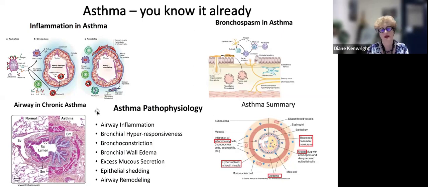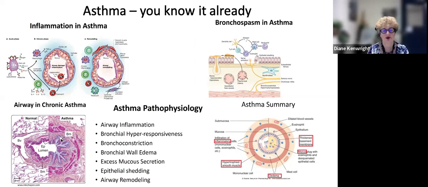So if you like lists, here we go. Airway inflammation and bronchial hyperresponsiveness can lead to bronchoconstriction, bronchial wall edema, and excess mucus secretion with epithelial shedding. This is the acute response, and then chronically there's airway remodeling. So this becomes this.